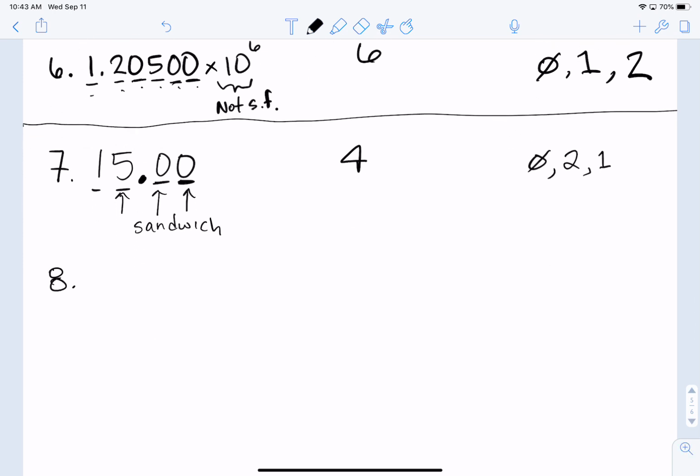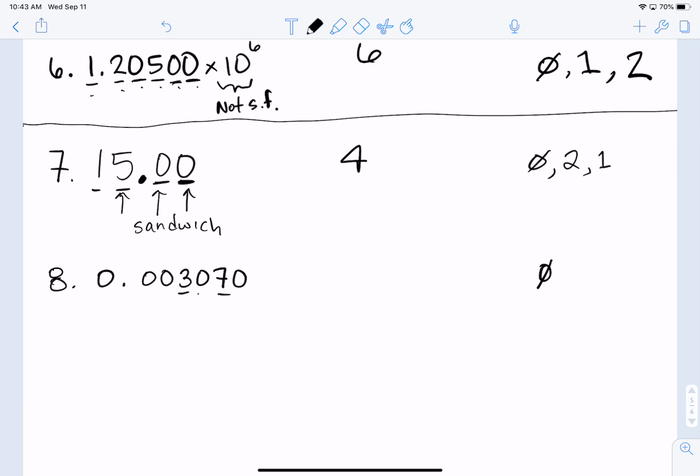What if we have a number 0.003070? What if we have that? We good with the 3 and the 7? Yeah? Because they're non-zero numbers? Okay, so that's rule number 0. It tells us that all non-zero integers count.